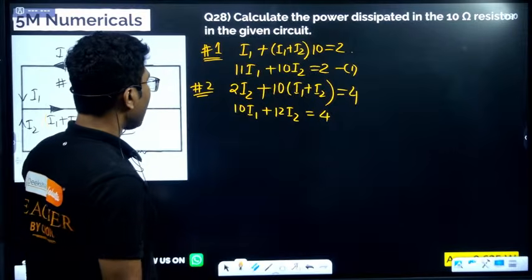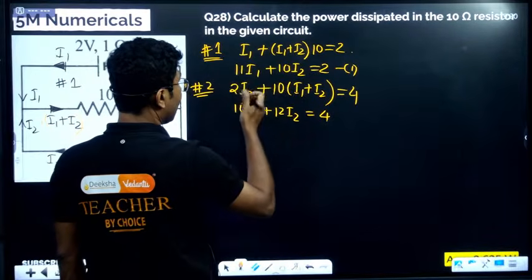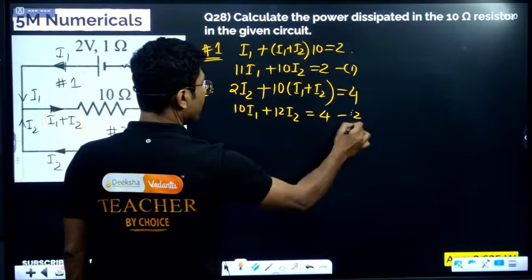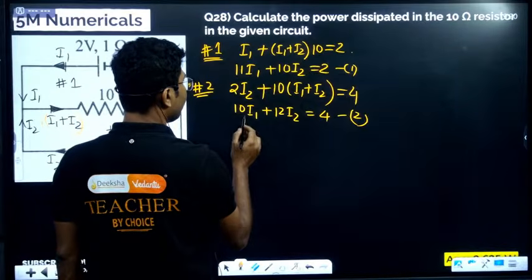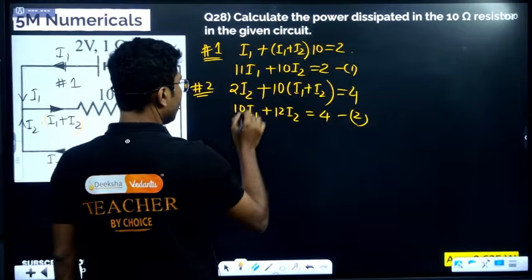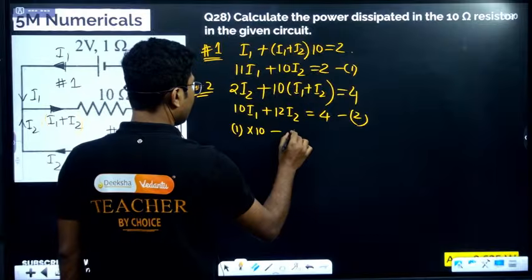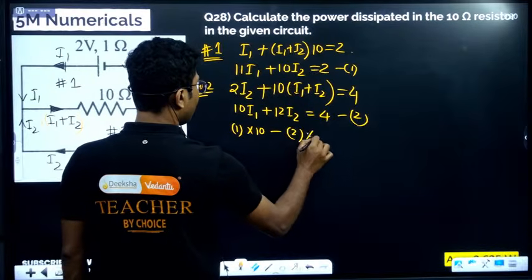Now what? Now you have to basically simplify this. How to simplify this? Equation 1 and equation 2. Multiply this equation with 10 and this equation with 11. So 10 into equation 1 minus equation 2 into 11.